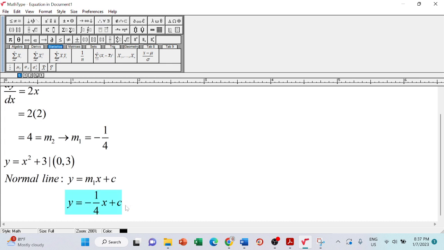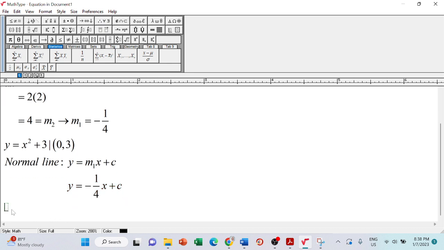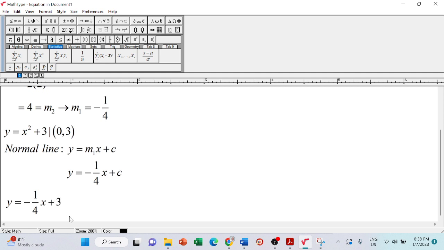Okay, so the equation is here. C adalah 3. Macam mana dapat 3? Tadi kita gantikan this coordinate x kosong y 3. Okay, so kena ingat the coordinate can change to other coordinate. So you just use lah the given coordinate.